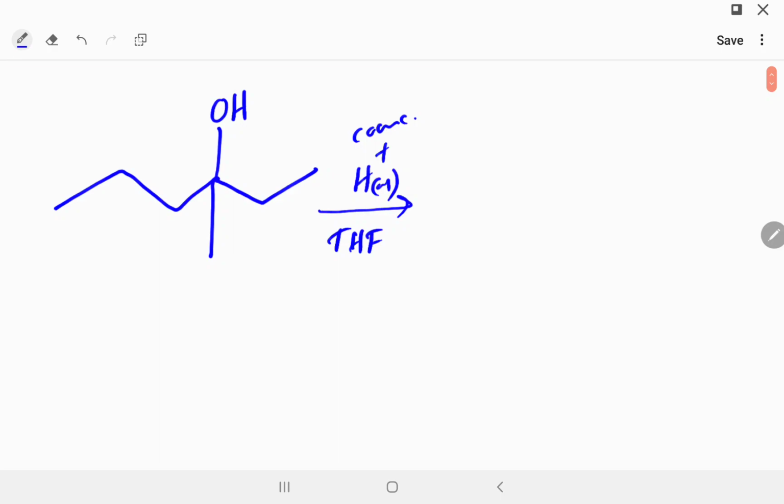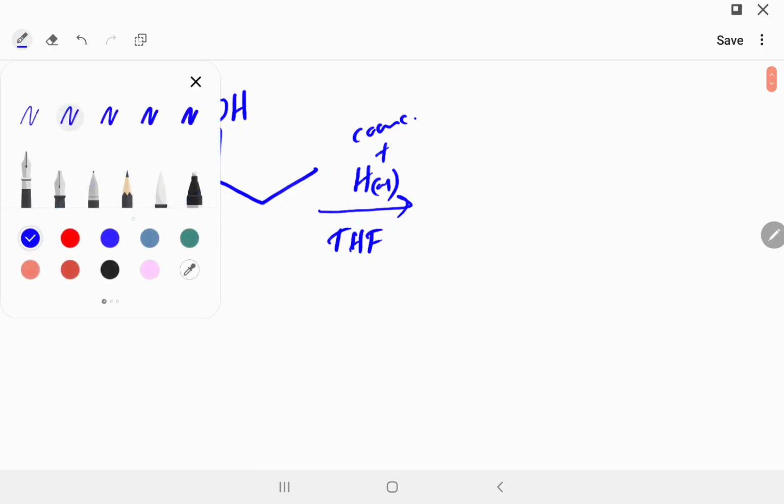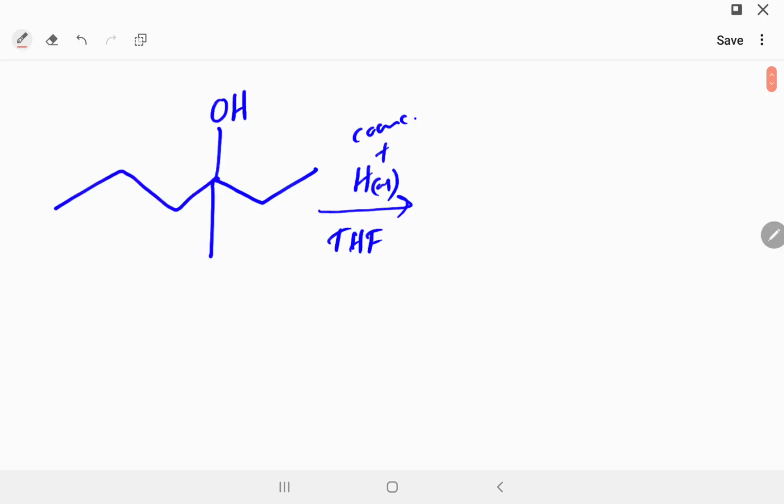There could be multiple products. Why? Because as you can see, here is your alcohol carbon. This is the carbon that contains the OH. For that carbon, you have three neighboring carbons.